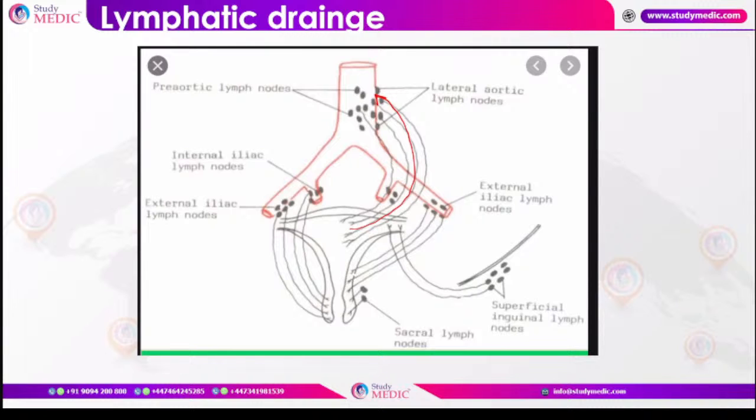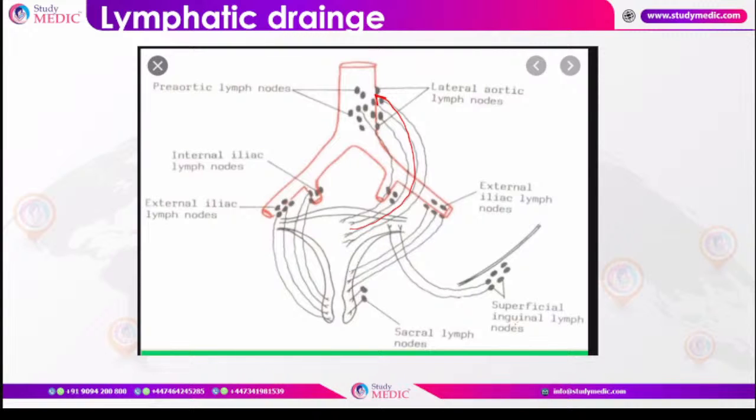From the isthmus, first they go to the external iliac and then to the internal iliac. From the cornu, they follow the round ligament and drain to the superficial inguinal lymph nodes. And then from the cervix.